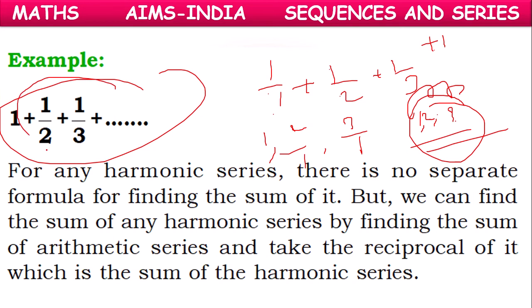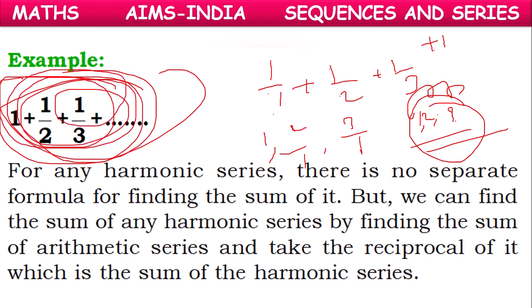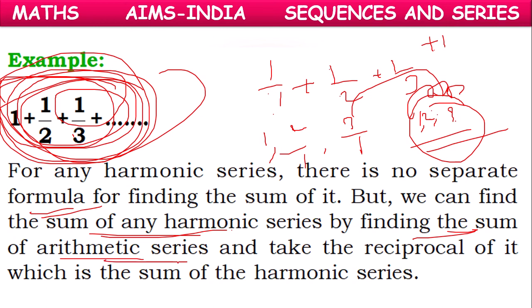For finding the sum of a harmonic series, there is no separate formula. First we have to convert it into an arithmetic series and find the sum of that arithmetic series.